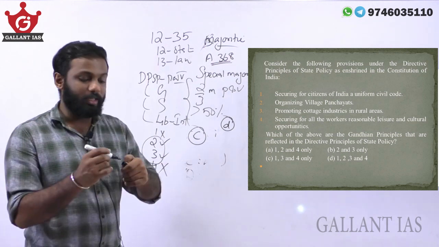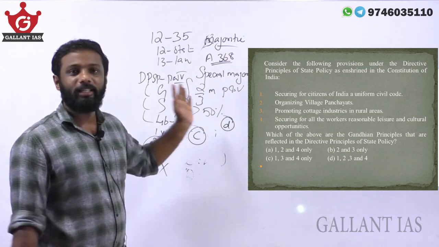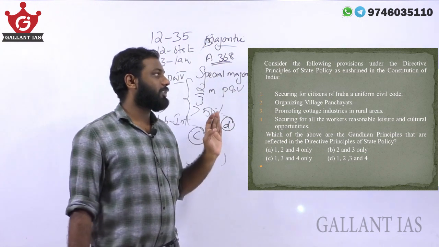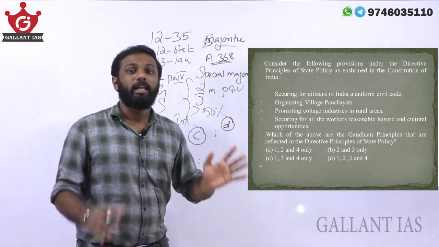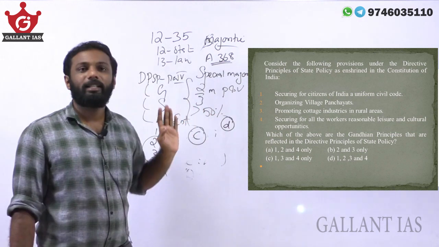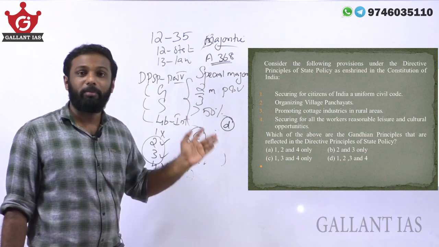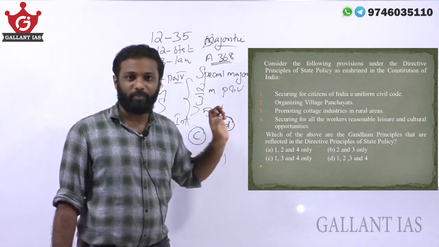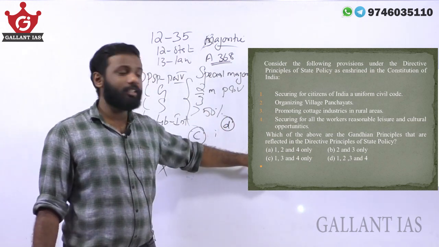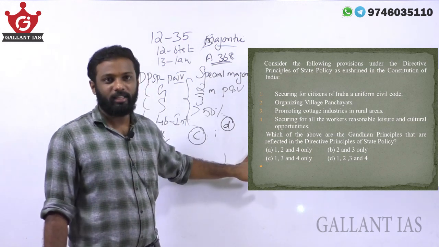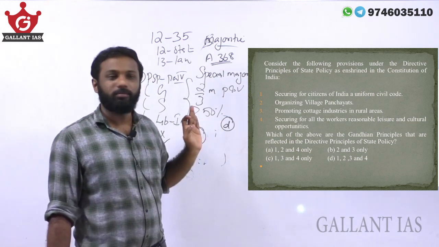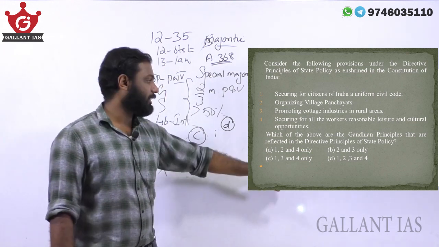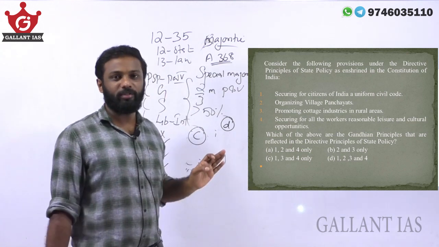And here comes our elimination method. Just imagine, regarding statement number 1, securing for citizens of India a uniform civil code: if you know that the provision is a part of liberal intellectual principles, then you can eliminate option A. Why? Because A says that 1, 2 and 4 are correct, and we know that 1 is wrong. We can eliminate option C because C says that 1 is a Gandhian philosophy.